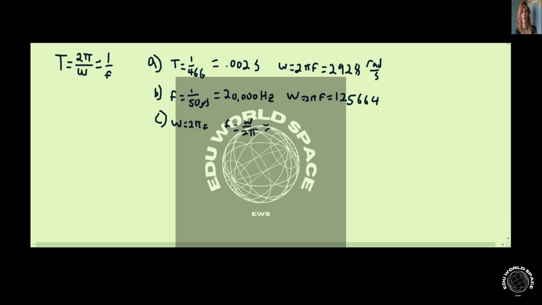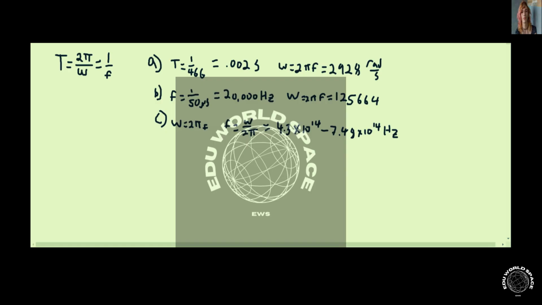When we do this for the two numbers in the range, we find that the frequency is going to be 4.3 times 10 to the 14th to 7.48 times 10 to the 14th. And the unit on that is, of course, hertz.